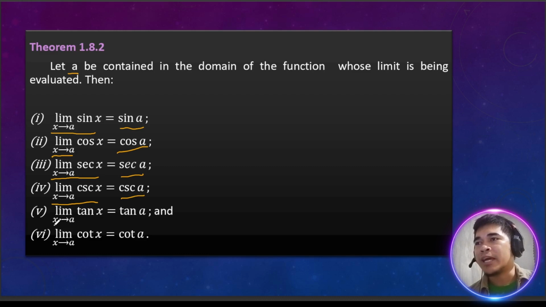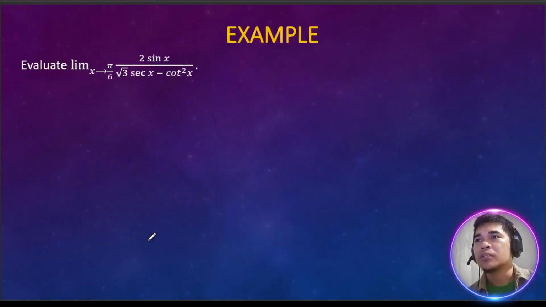Limit of tangent x as x approaches a equals tangent a. And the last one is limit of cotangent x as x approaches a equals cotangent a. So that is theorem 1.8.2.